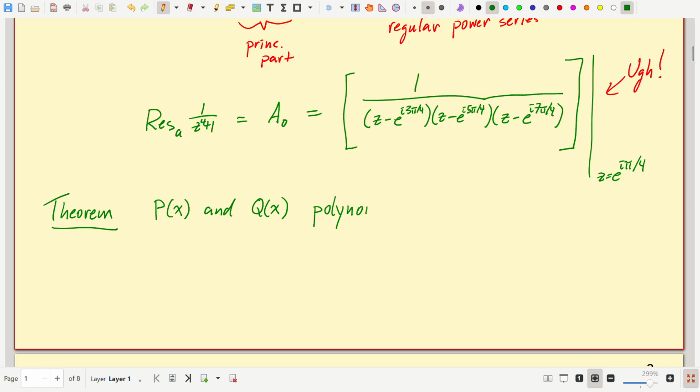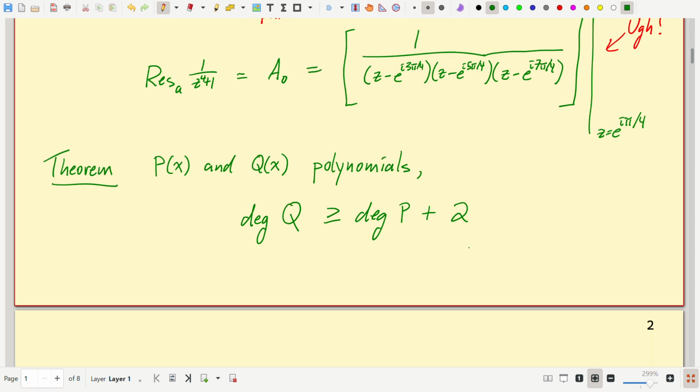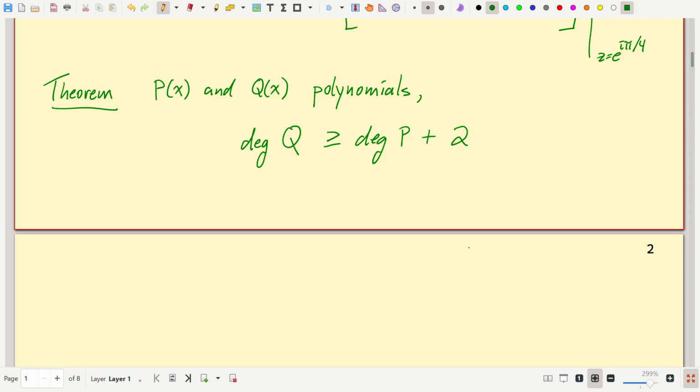They could have complex coefficients, but this is the case they get used most. And we need the one in the denominator, q, the degree of q to be greater than or equal to the degree of p plus 2, and q has no zeros on the real line.